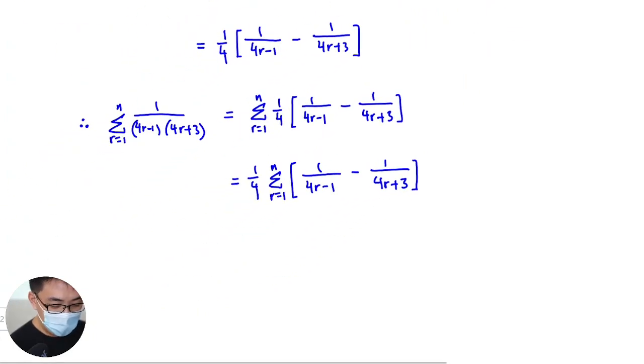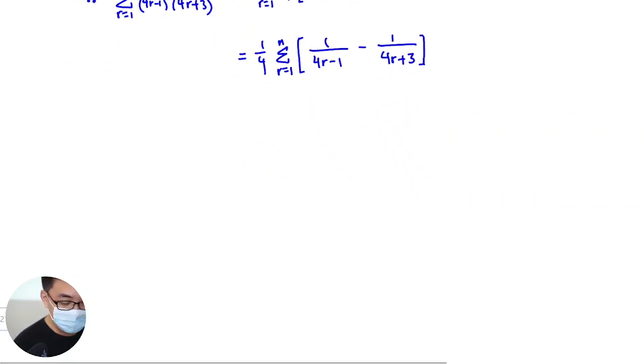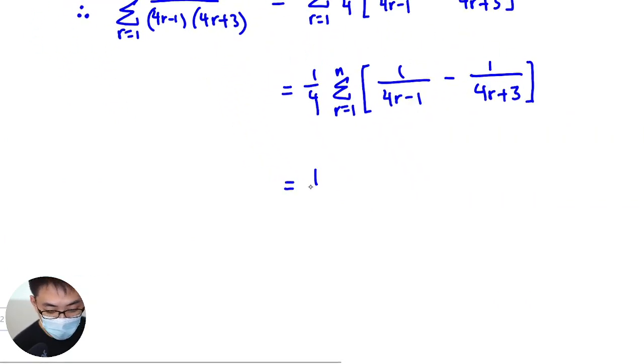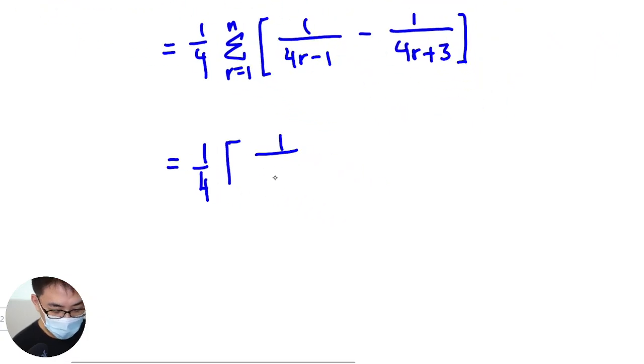What happens here? This is a difference. This is called method of difference, the difference between two neighboring terms. So what you do is you just need to list down everything. So 1/4. When R equals 1, this is 3.